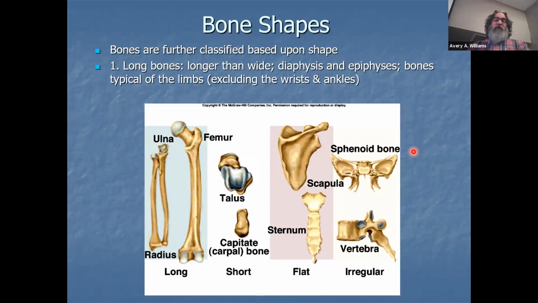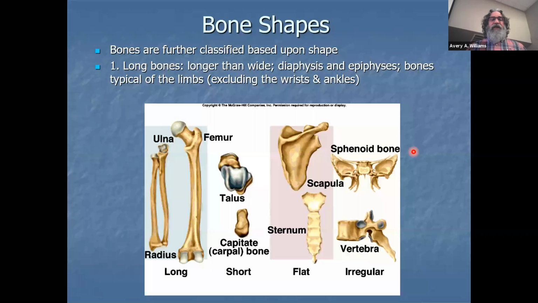And we talked about long bones already in the last PowerPoint, when we talked about the structure of a long bone. But not all bones are like that. What makes a long bone a long bone? Well, they're longer than they're wide. But the kicker is that they have a diaphysis and two epiphyses. Not all bones are arranged like that. But if they do have a diaphysis and two epiphyses, it's a long bone.